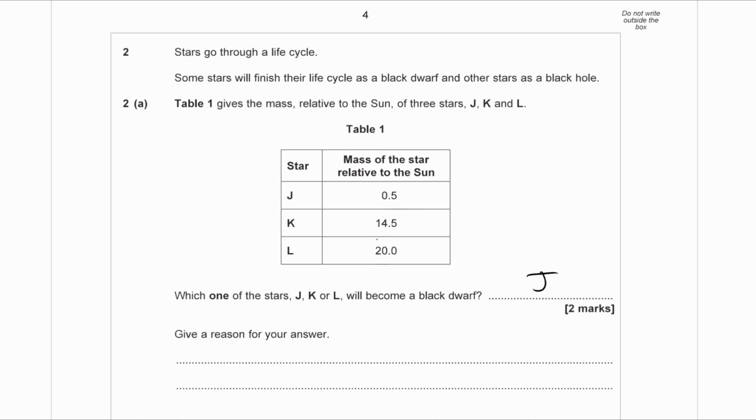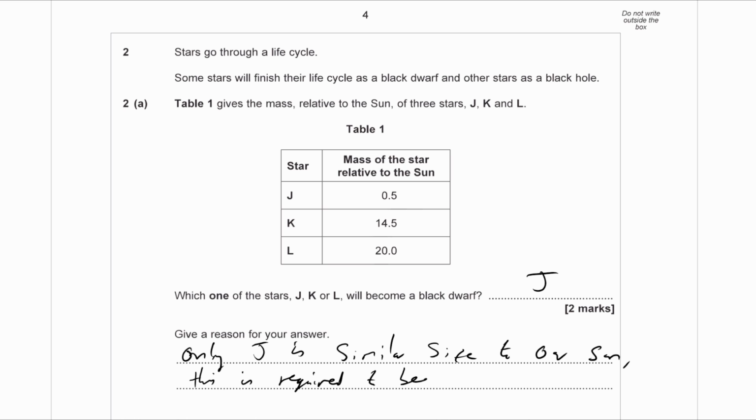Because K is 14.5 times bigger than the Sun, and L is 20 times bigger. So that's way too big. So that's exactly what we're going to say in our reason. Only J is similar size to our Sun. This is required to become a black dwarf.